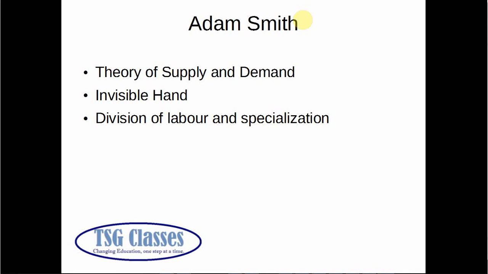The third and the most important contribution of Adam Smith is towards the division of labor and specialization, wherein he said if a product has to be produced through different processes. So in his example in the book, he said that if to make a product there are 18 processes involved, and one single person has to carry out all the 18 processes, he would not be able to make the product at scale.